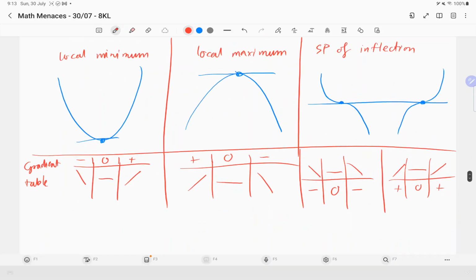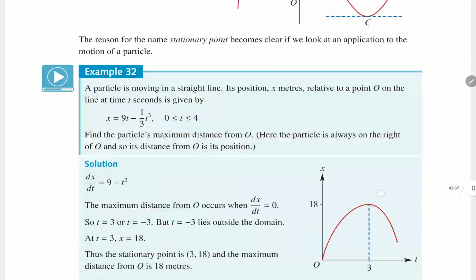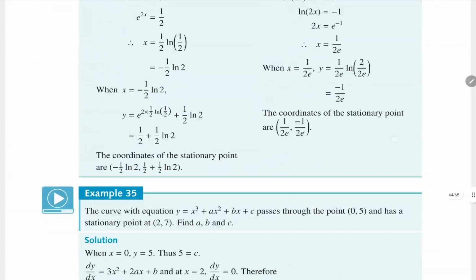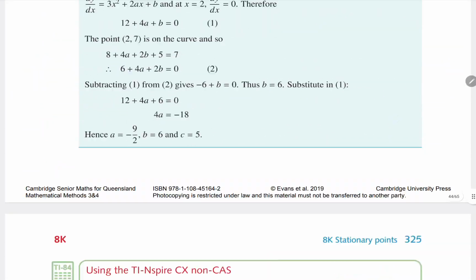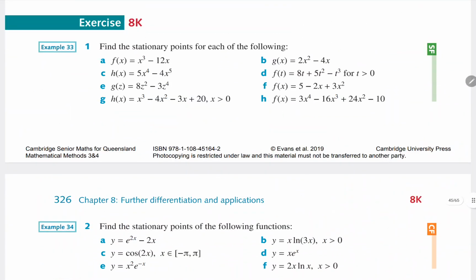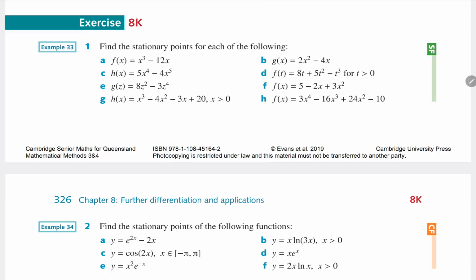Let's go through some questions here. How confident are you guys with doing, say, questions from this one? So many examples. Which one? Alright, question 1. 8K question 1. Find the stationary points of each of the following. I will pick the questions for you guys. You guys don't need to do all of these.